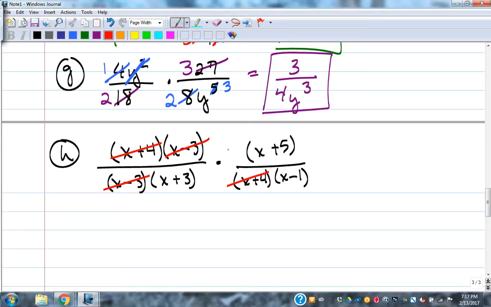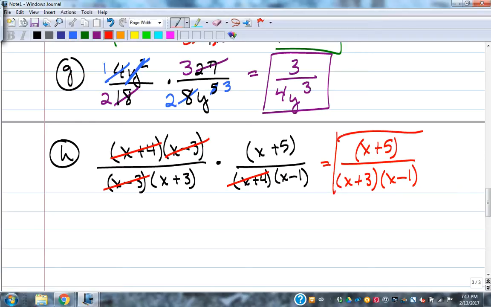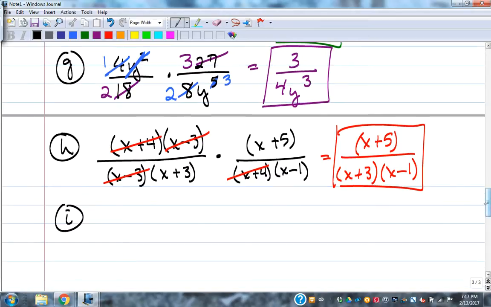So the only factor that's left on top is x plus 5. The factors that are left on the bottom are x plus 3, x minus 1. You're canceling matching factors that are vertical or diagonal and getting whatever's left and leaving it in factored form. Really not bad.